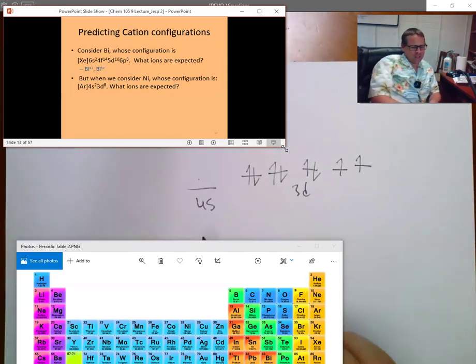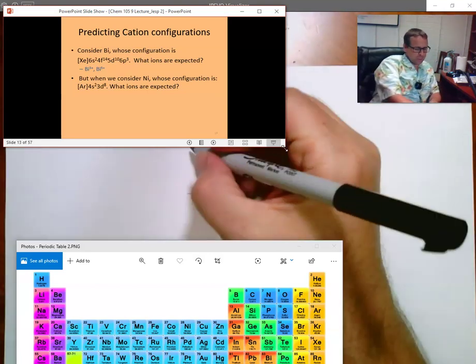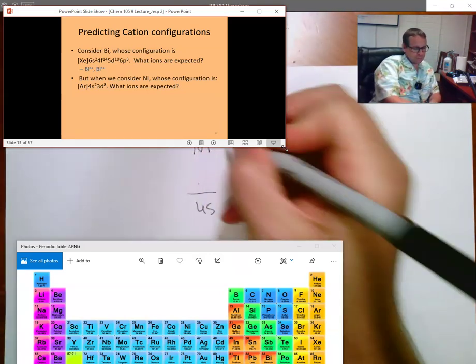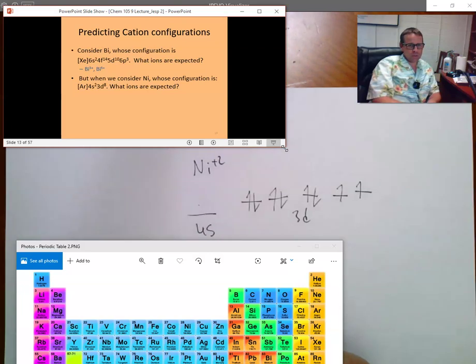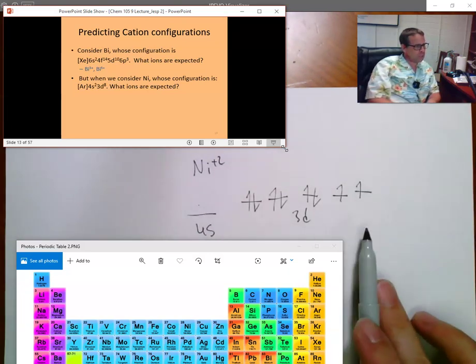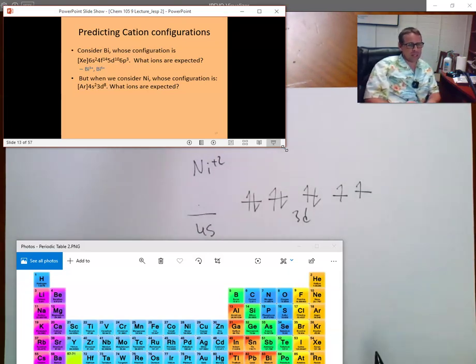If we've already formed the nickel +2 ion, and we have the 4s2, what do you think would be the next ion that this nickel might form? Nickel with +5. Okay, +5. Very good. +2 and a +5.